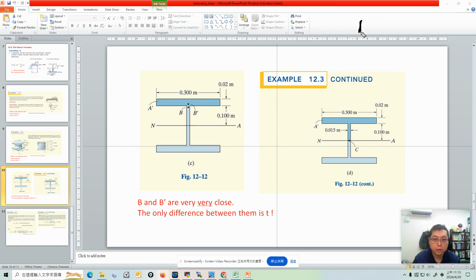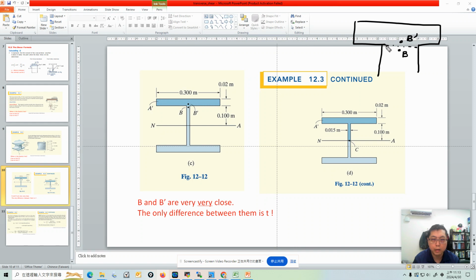Let's zoom in on B and B prime. What's the difference between B and B prime? B prime is here and B is here.